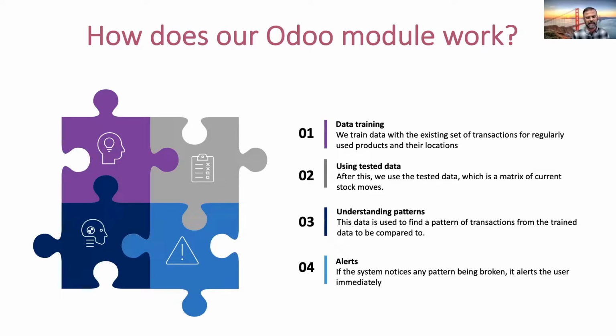So it needs some data to train on, so it can later use that information to detect or predict whatever you want to do with the new data which comes in. It learns based on your transactions, and it understands patterns of the data. It will then alert you if there is any error in the system.